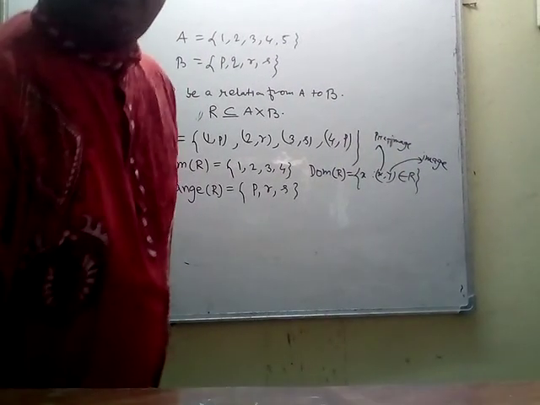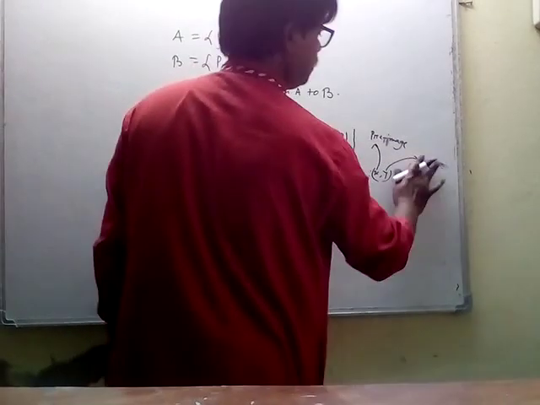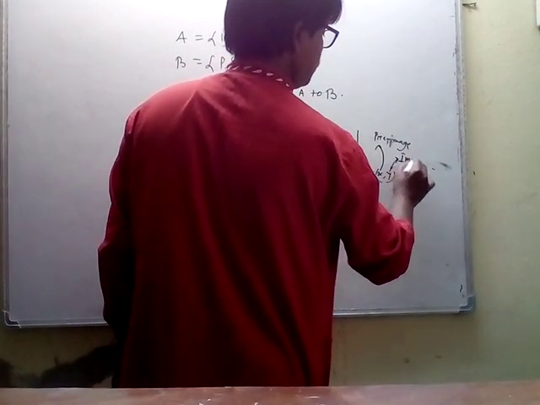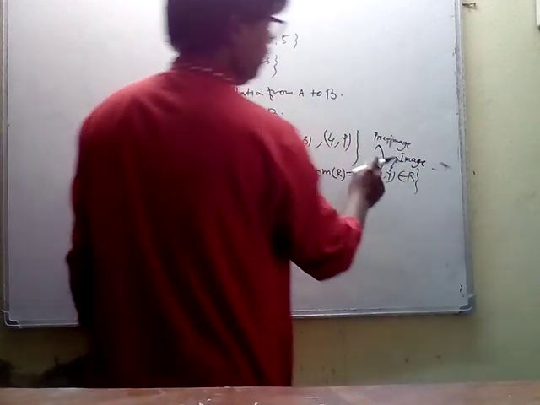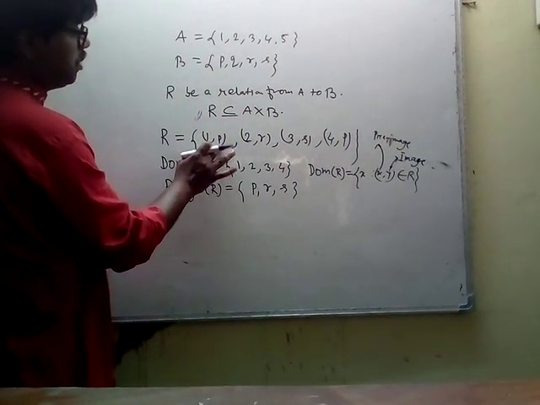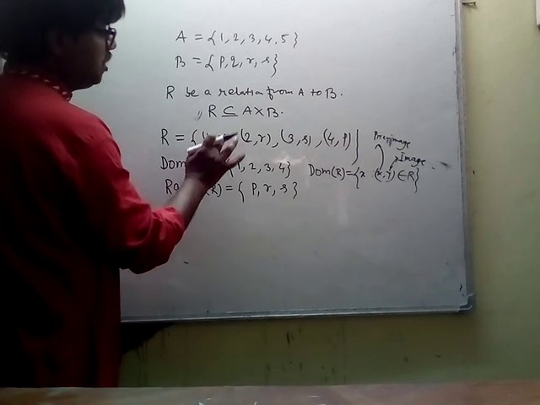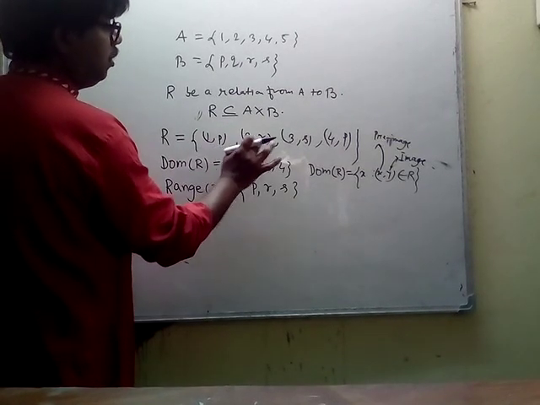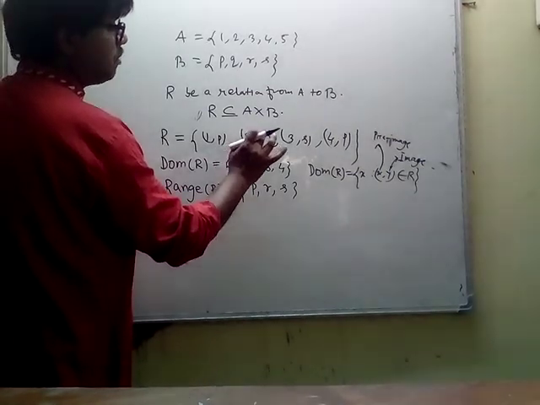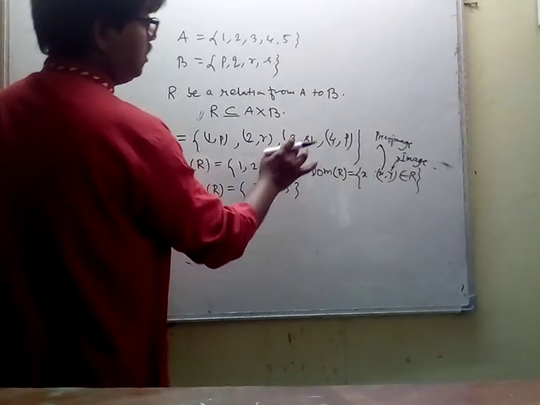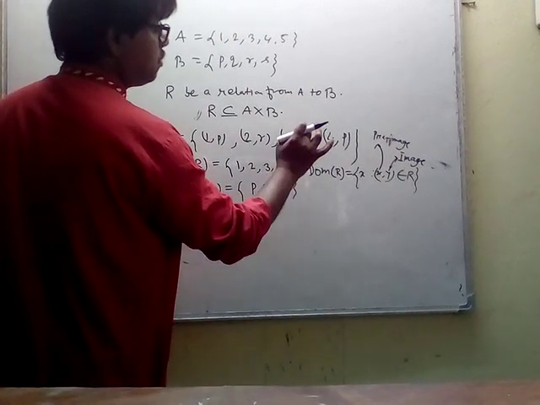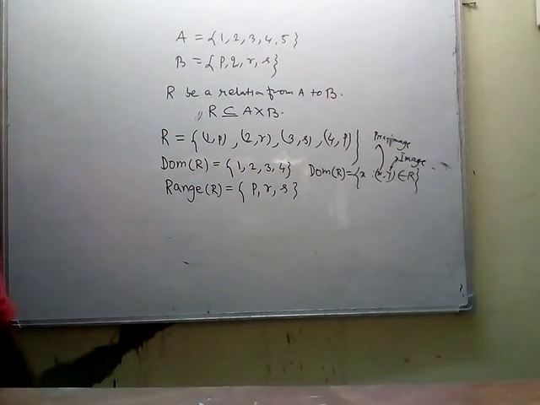Y is called image, and X is called pre-image. In this relation, P is the image of 1, 1 is the pre-image of P, R is the image of 2, 2 is the pre-image of R. Similarly, S is the image of 3, 3 is the pre-image of S.